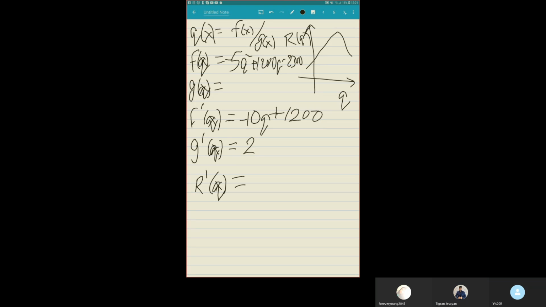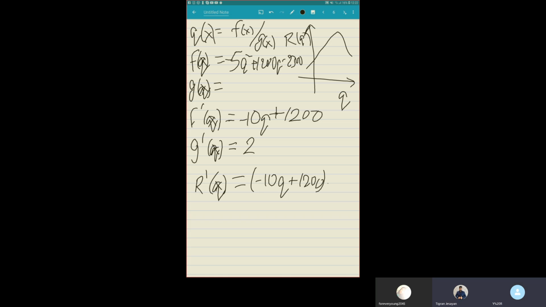The minus normal x, which is minus 5q to the power 2, plus 12,000, minus 25,000, times the gx, which is 2, times 2.